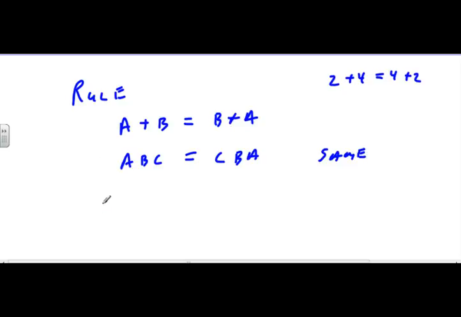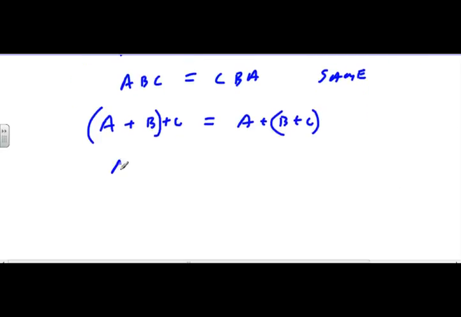Associative rule: A or B or C is the same as A or B or C, grouped either way. A and B and C is the same as A and B and C, going the other way. Too many parentheses. All right, so that's another rule.